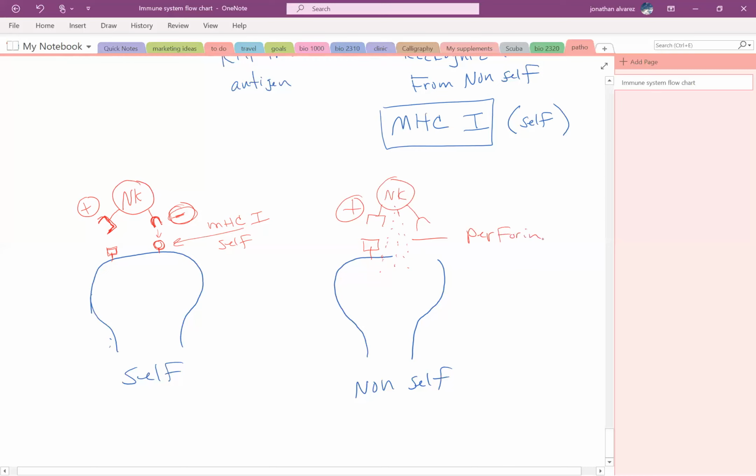Okay, and these granules that are released are going to lead to cell death. Okay, so you want this for tissue that's not yours. Antigens, foreign tissue, whatever. Okay.